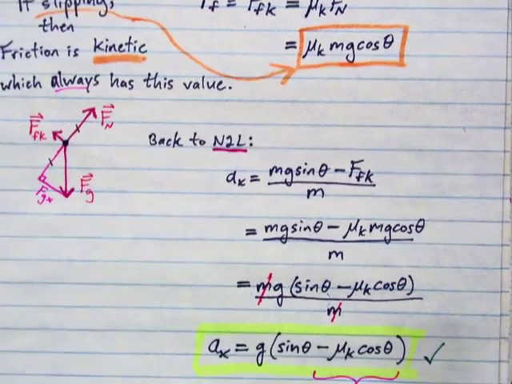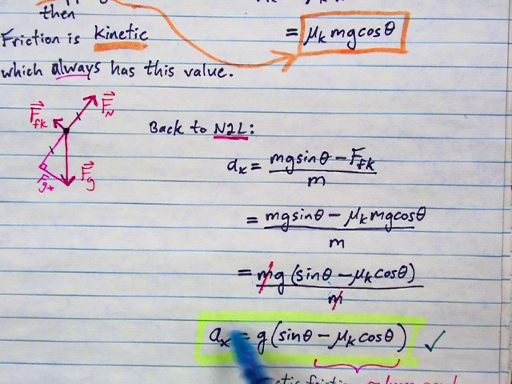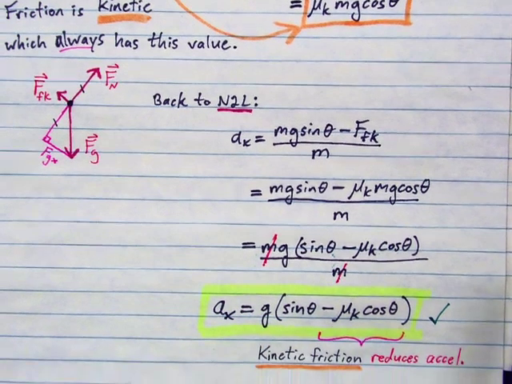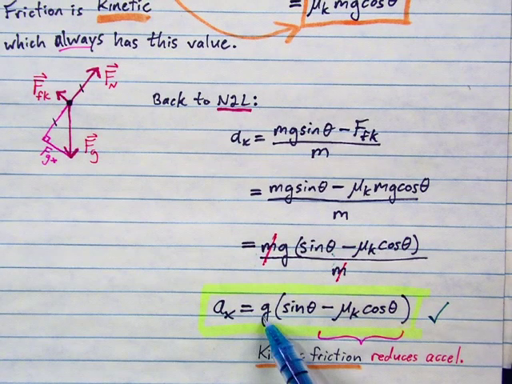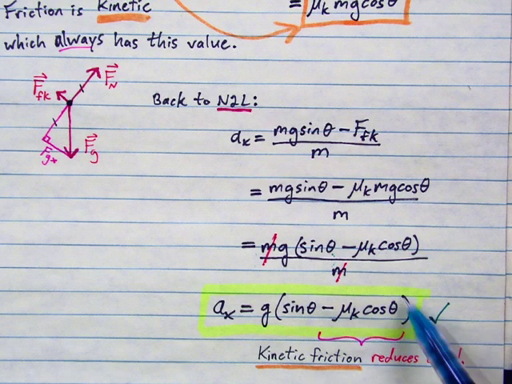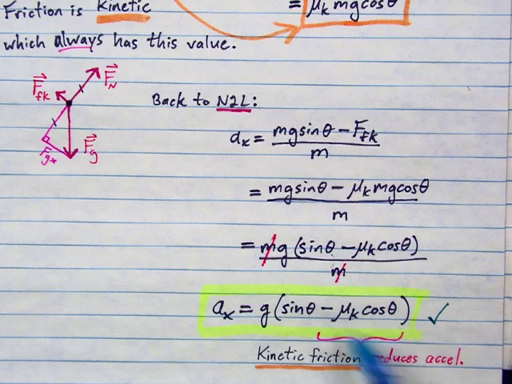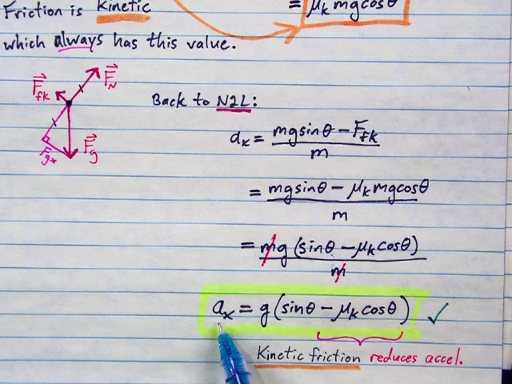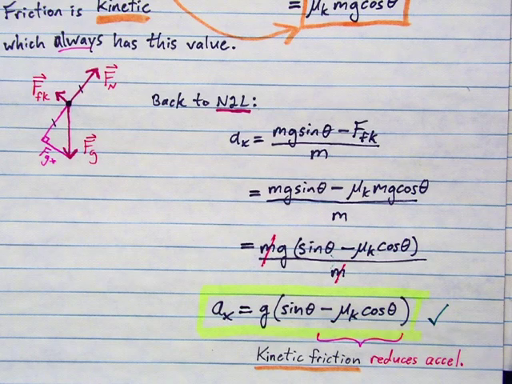Canceling those, we have this expression here for the acceleration of your block down the ramp. Note that before we added friction, the acceleration down the ramp was just g sine theta, but including kinetic friction, this term, minus mu k cos theta, makes the acceleration smaller. Of course, that's friction reducing the acceleration, making it slide more slowly down the ramp.